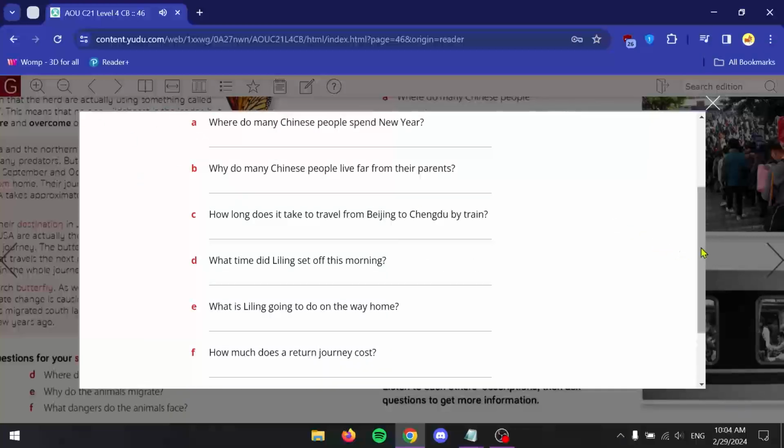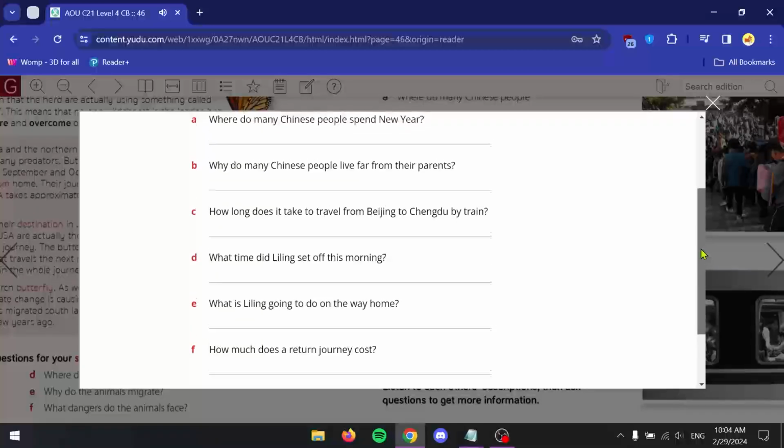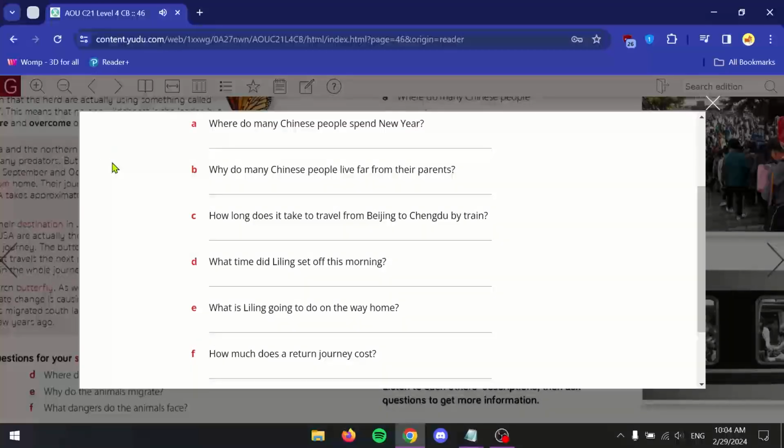Chunyun is a period of travel in China, lasting around 40 days. It is the largest human migration in the world, when the planes, trains and roads of China become completely full of people. It starts about 15 days before the Chinese New Year and continues for about 25 days after the celebrations. During these 40 days, nearly 3 billion people travel. The reason for this huge movement of people is simple. It's a tradition for Chinese people to spend New Year with their families.